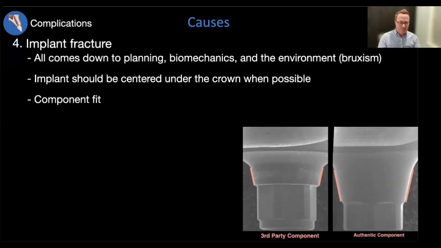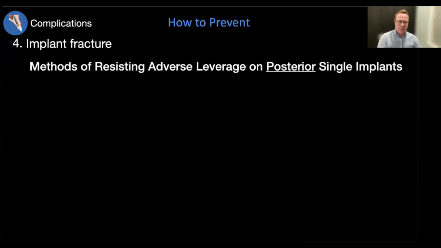They don't have to guess them. Whereas with third-party components, it's not like if you call an implant company, they're going to give you their exact shape. They don't do that. So you have to kind of reverse engineer it, and that's not always going to work well. So again, that's one part of it, not to mention also how the screws work inside the implants also plays a role. So again, those are the things we have to think about.